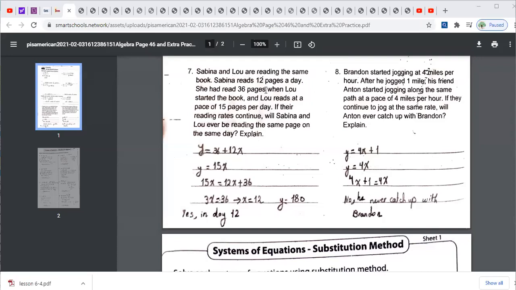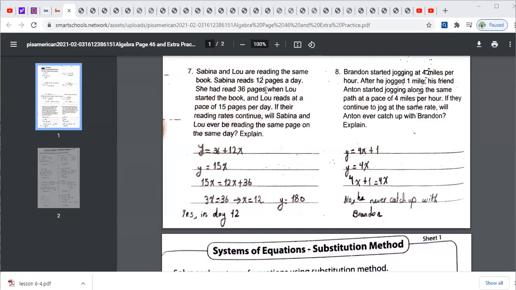She had already finished 36 pages. If I want to form an equation to describe this situation, it will be y equals 12x plus 36, or 36 plus 12x. They will be the same.